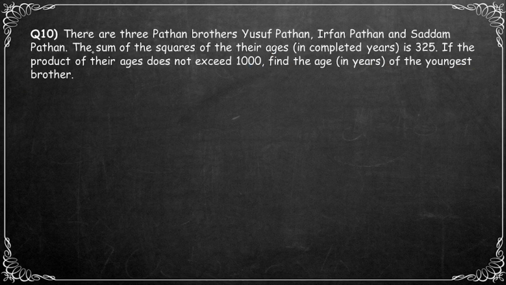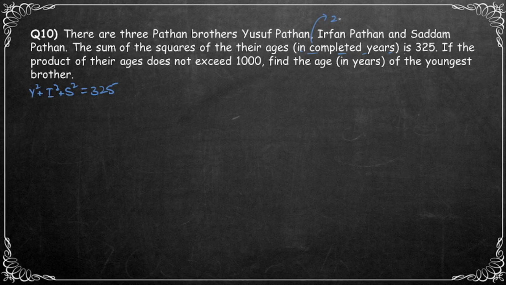So sum of squares of their ages, that means if we take Y, I, S as their ages, squares and sum of the squares of their ages is 325. So in completed years, that means it is an integer, right?